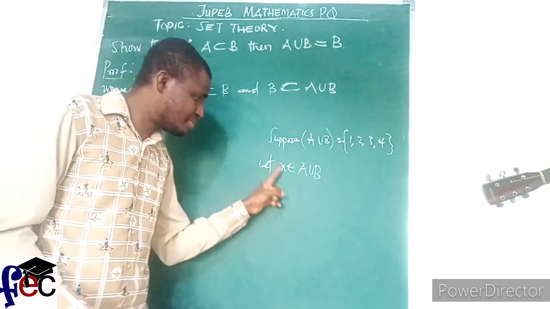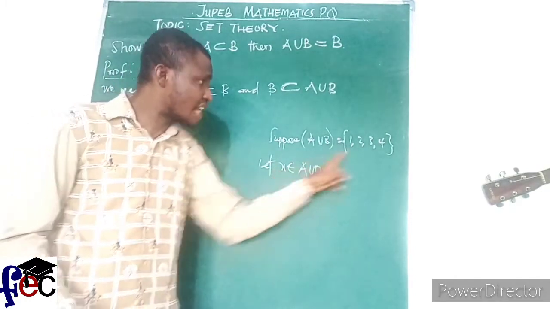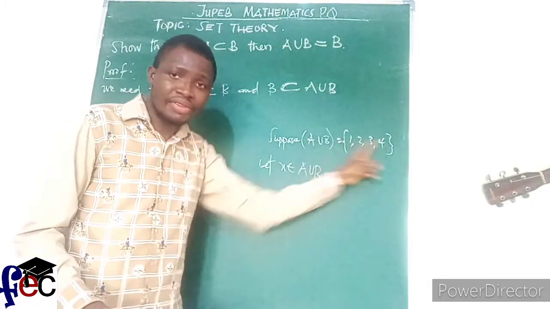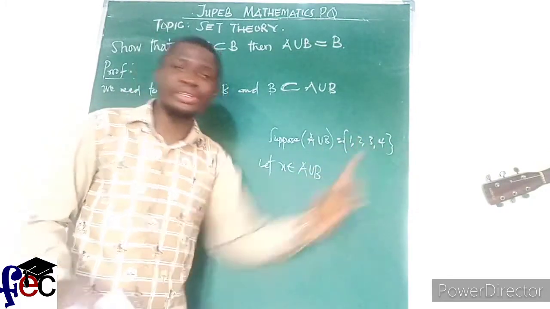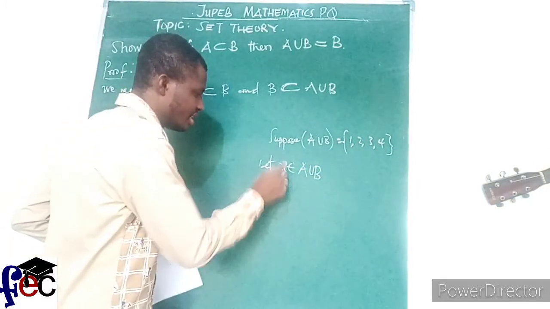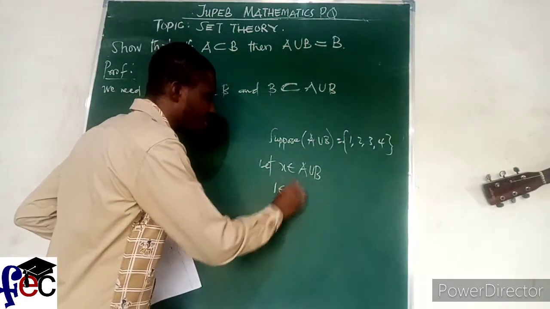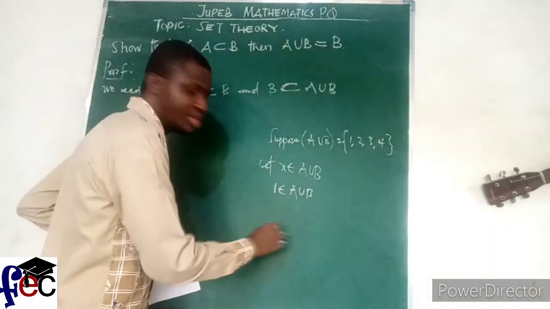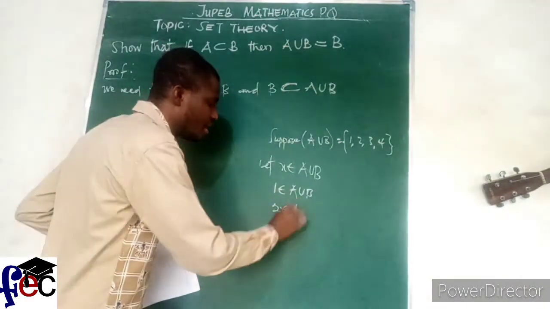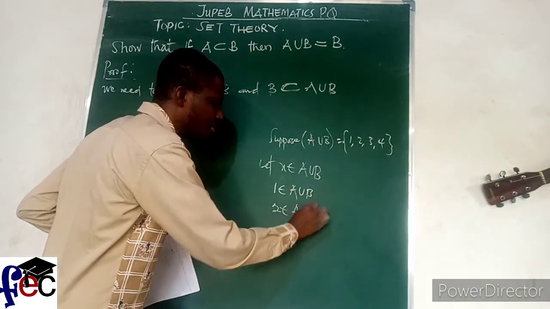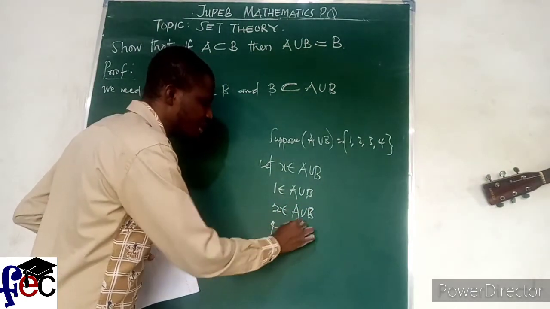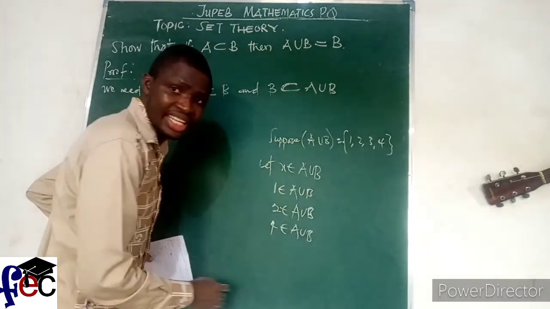What this means is that X could stand for 1, 2, 3, 4, any one. That means this is like saying 1 is a member of A union B, this one is like saying 2 is a member of A union B, and or 4 is a member of A union B. Are you getting it now?